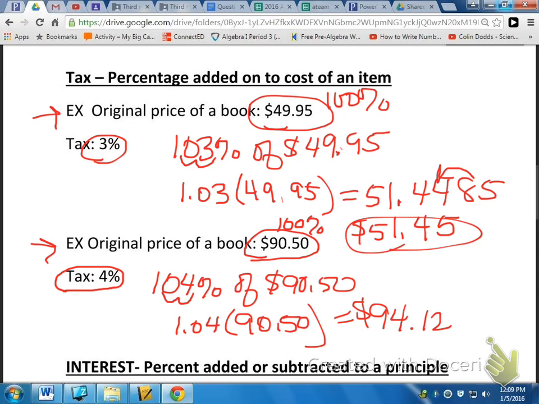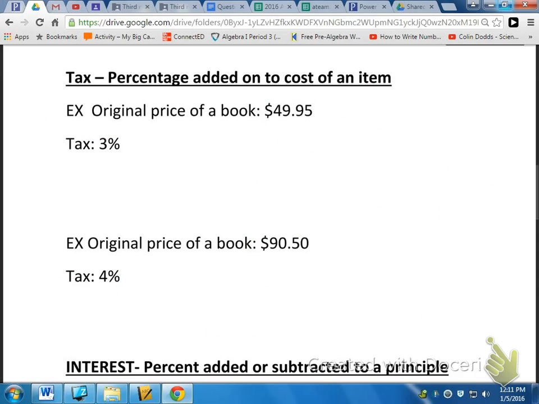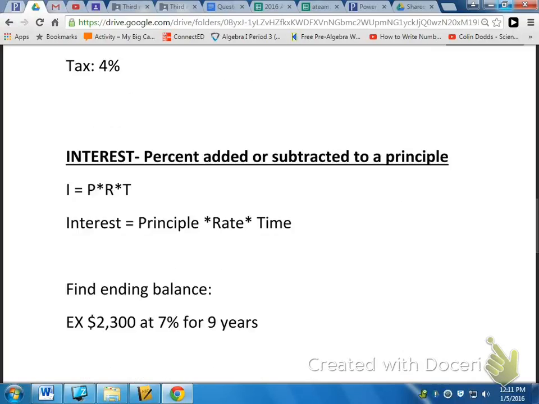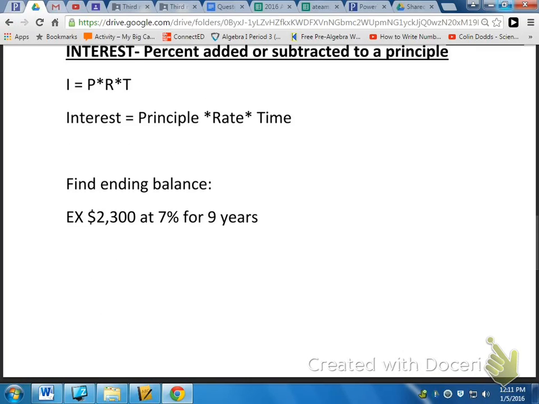All right, next we're going to switch to interest. We did not do this yesterday. Interest can be good interest or bad interest. It's good if you're putting money in at the bank and the bank pays you a percentage of that amount of money for letting them keep your money there.